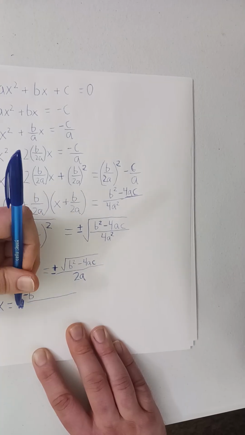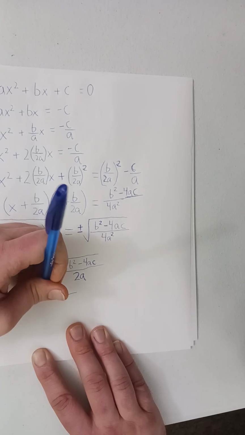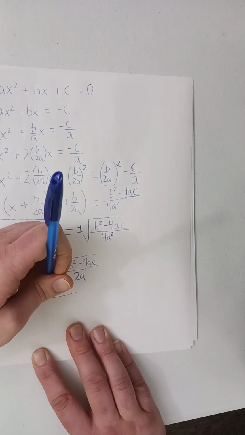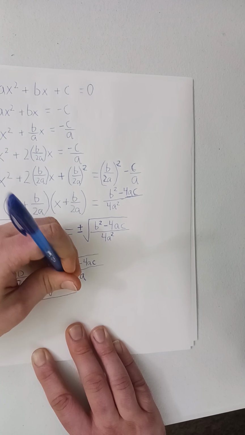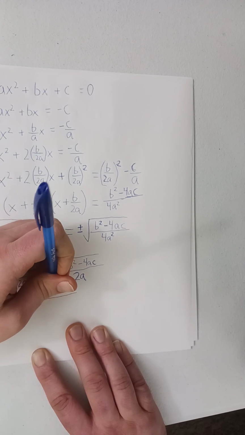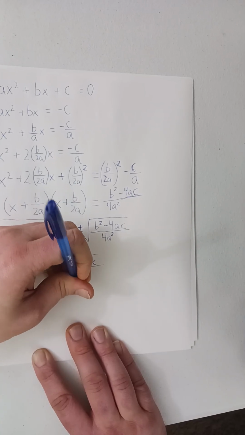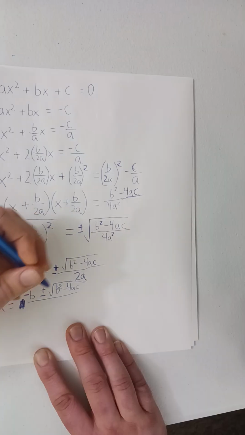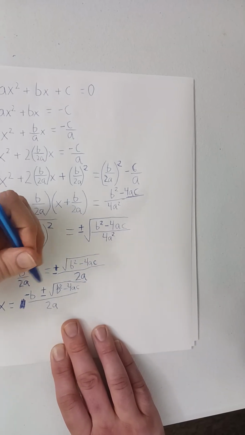It's the same thing to do it this way. So negative b plus or minus the square root of, I don't leave myself enough room here, but it's b squared minus 4ac. And then the denominator is still 2a because both of them were 2a, right?